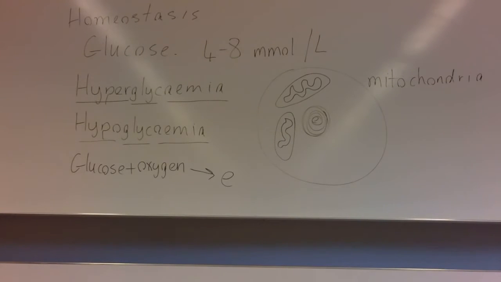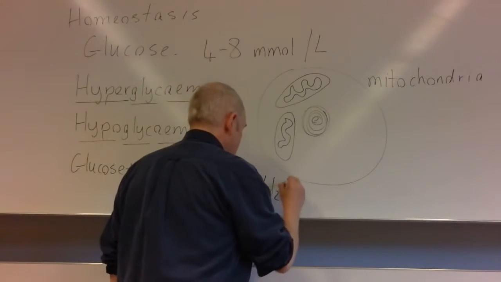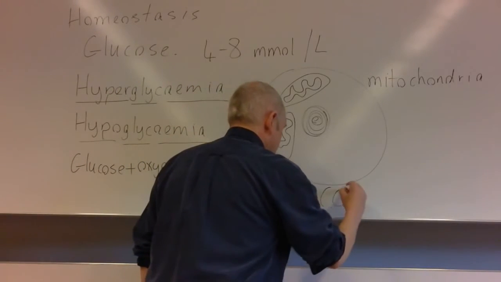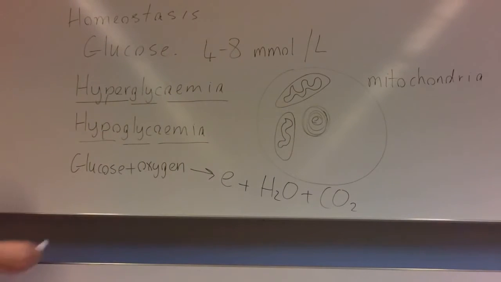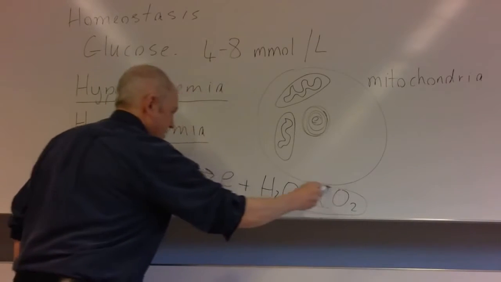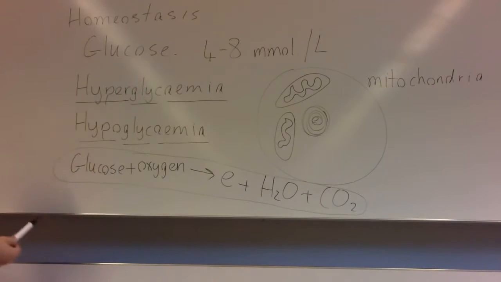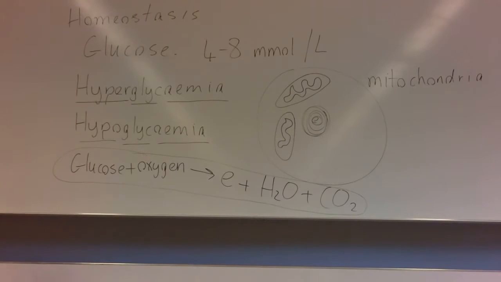And as you probably know, at the same time, this results in the production of water and carbon dioxide. This needs to go on inside the cells to produce the energy. And obviously, if we're hypoglycemic, there's not going to be enough sugar to do that. Not enough energy.